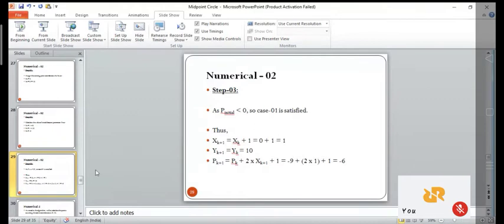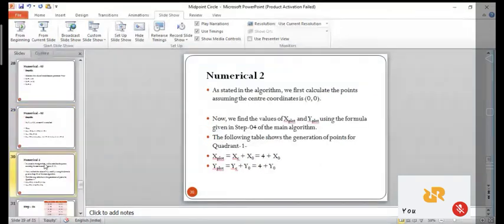So you will keep on finding out the points over here. Then, as you can see, step 4 we have to perform because the center point is not 0, 0. What is given to you? The center point is 4 comma minus 4.